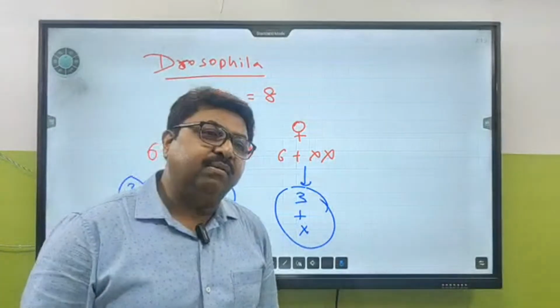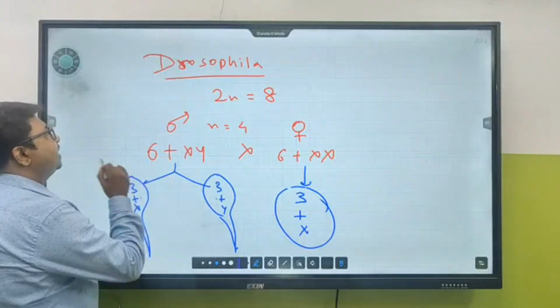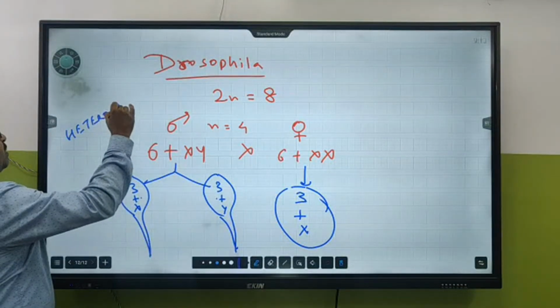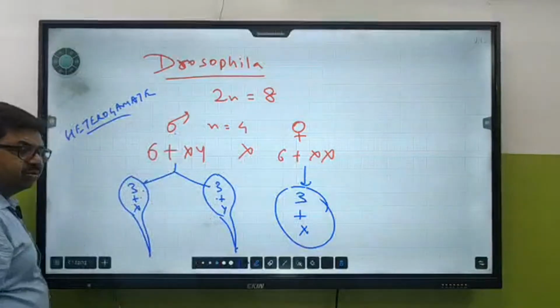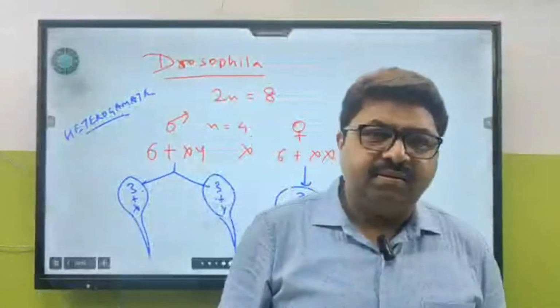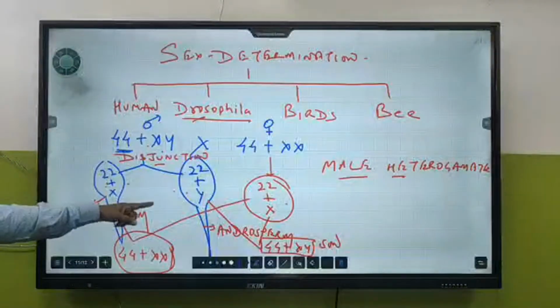Who is heterogamete here, male or female? Male is giving two different types of gametes, so it also shows male heterogamety. Just like in human, the male was heterogamete.